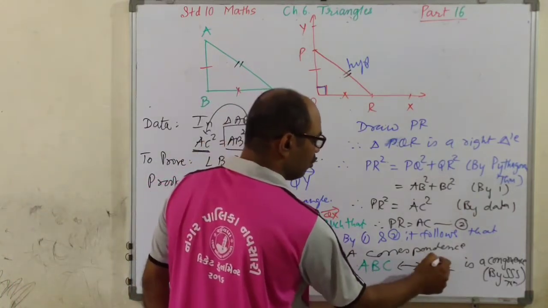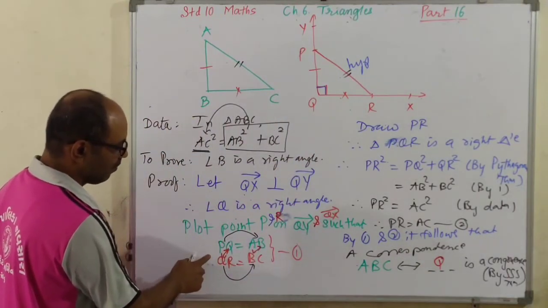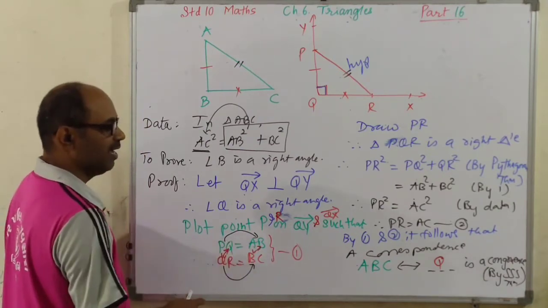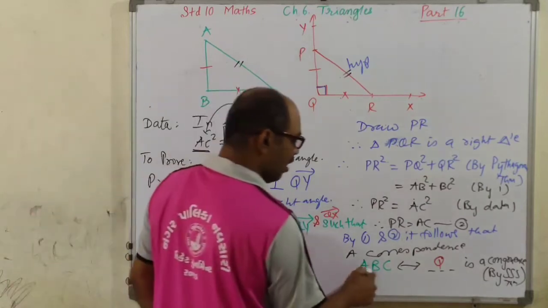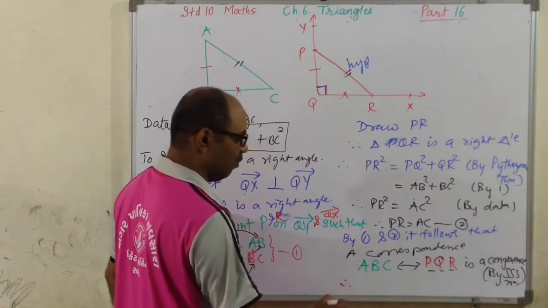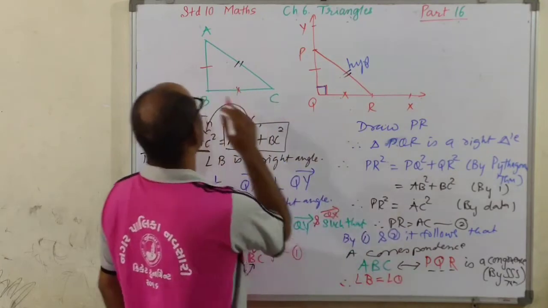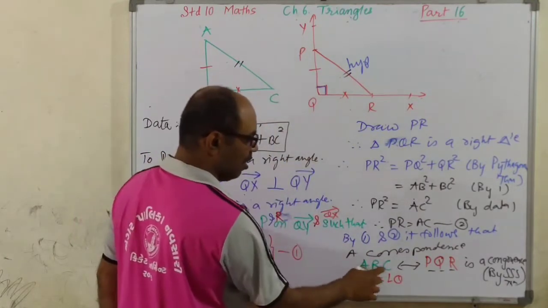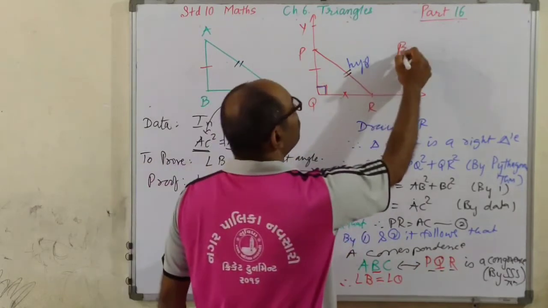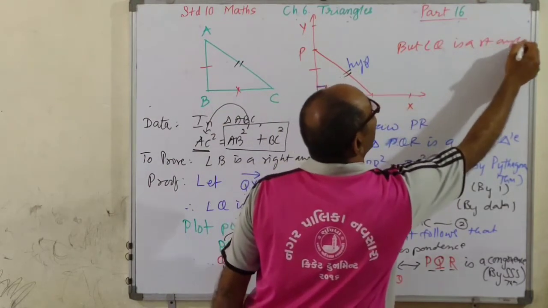B in the middle, so Q in the middle. Now you know Q corresponds to B. So you can say P corresponds to A. A first, so P first, and left out is R. Therefore, angle B equal to angle Q. The B we need, B equal to Q. See, angle B equal to angle Q. But angle Q is a right angle.